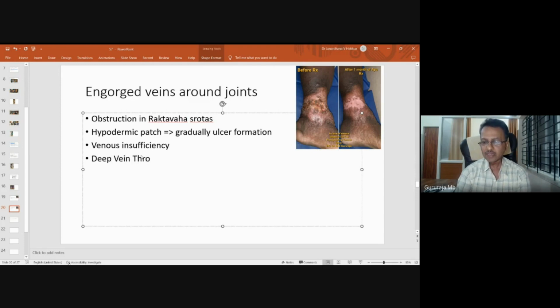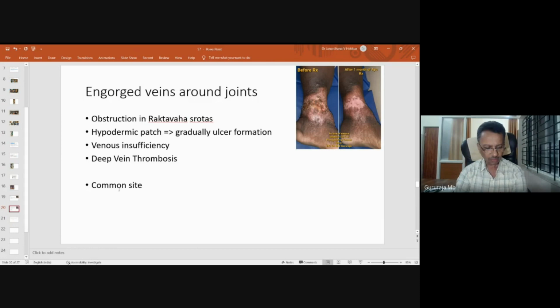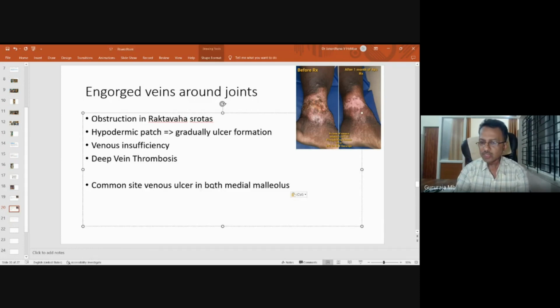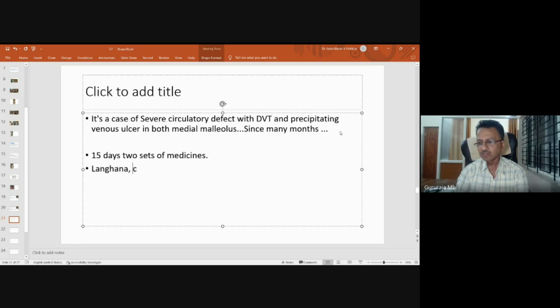The commonest site is the medial malleolus or even the lateral malleolus to some extent. In this case, it is totally around the ankle joint. Over the last 1 month, I gave him medication for 15 days, twice, and made him eat very less and cut down on his non-vegetarian diet and many other food patterns.